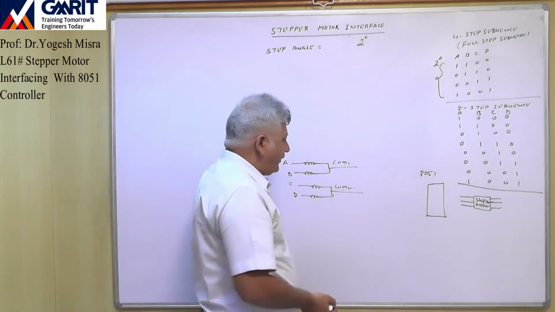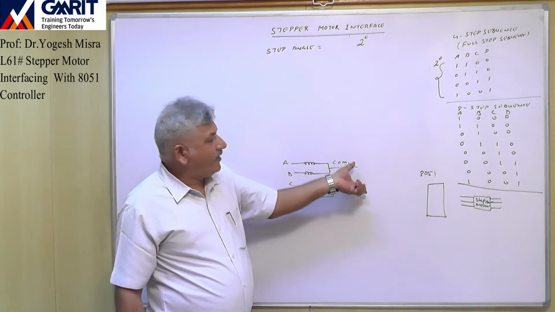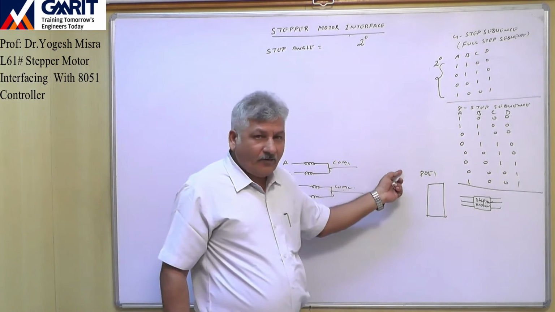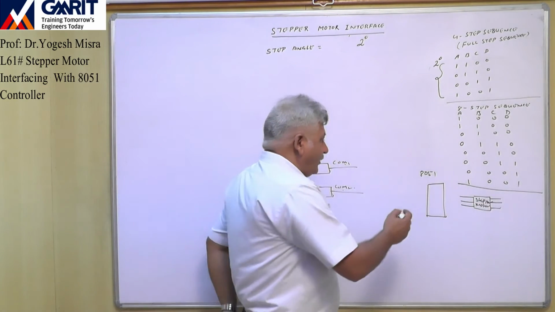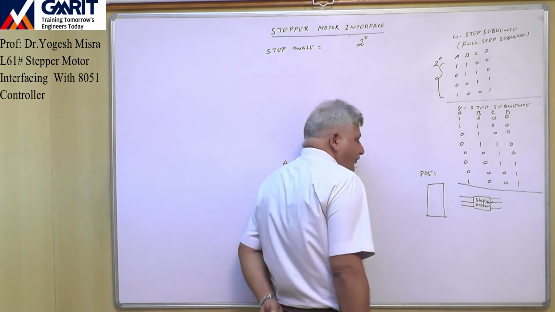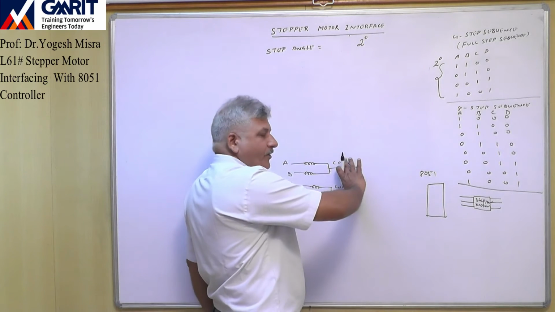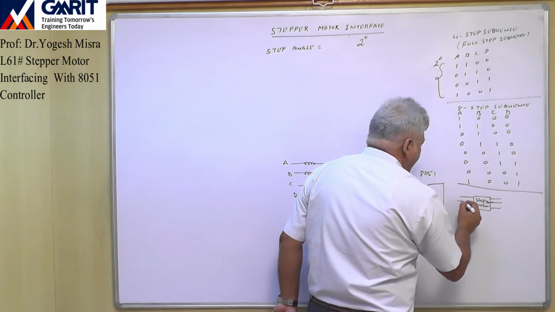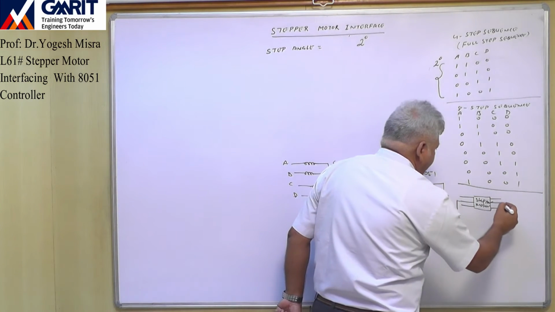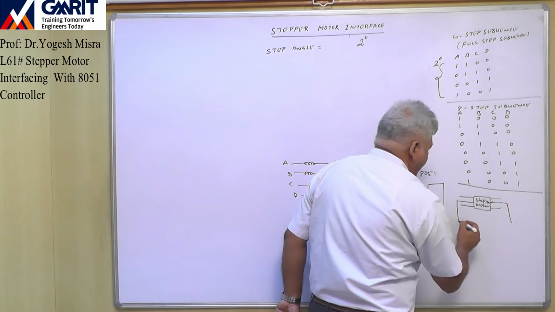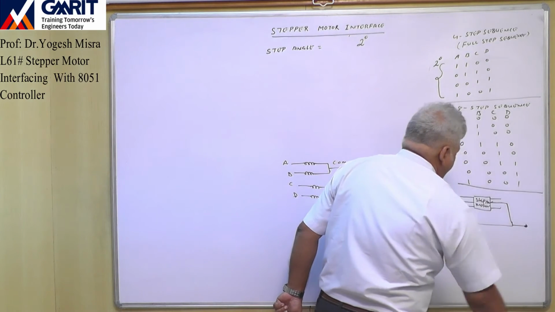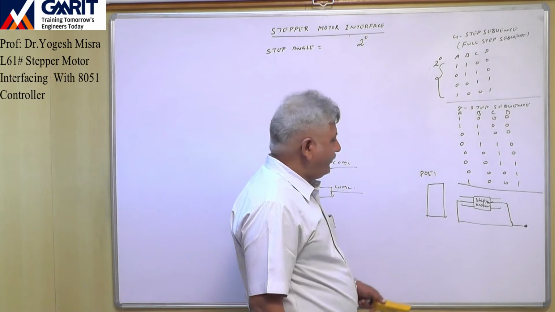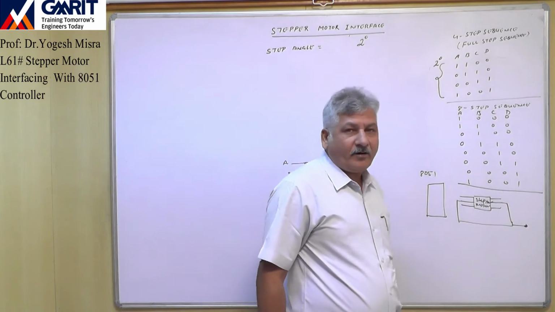So in some cases the common wires are joined together and you will get only one common wire, or in some motors you can find 2 common wires. So now suppose we have taken a stepper motor which is having 2 different common wires. Common wires are at the center, we will join them together and we will connect it with the rating of the stepper motor.